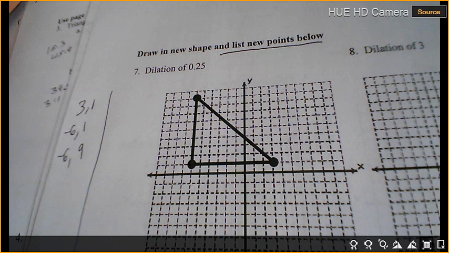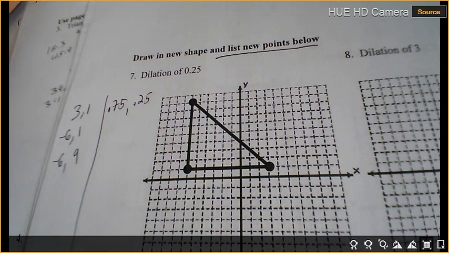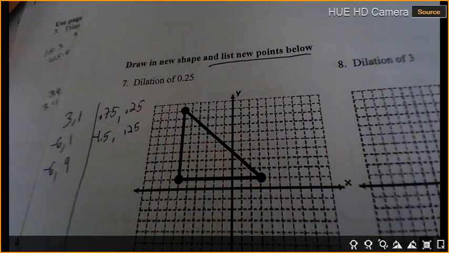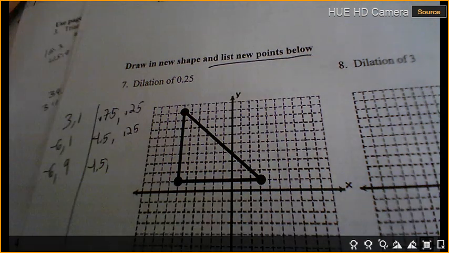So I am going to go 3 times 0.25 gives me 0.75. 1 times 0.25 is 0.25. -6 times 0.25 is -1.5. 1 times 0.25 is 0.25. -6 times 0.25 is -1.5. And 9 times 0.25 is 2.25.